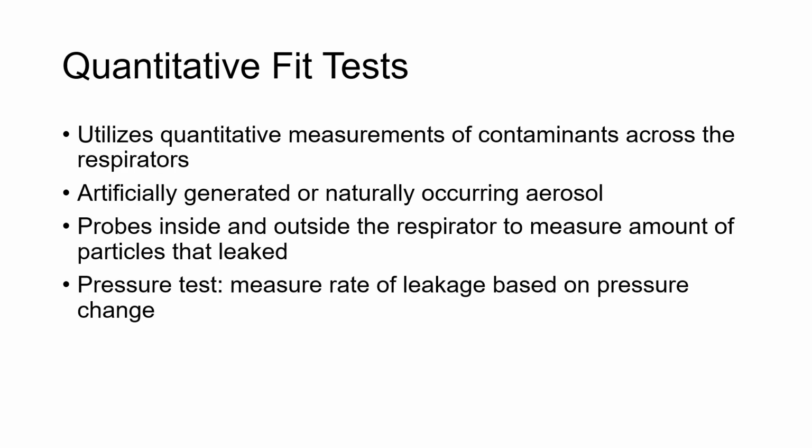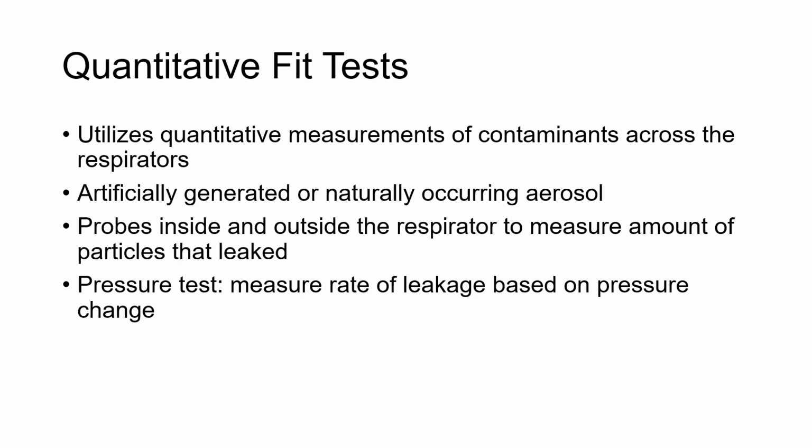Quantitative fit tests involve actual quantitative measurements of contaminants across the respirators. This requires using either an artificially generated aerosol or a naturally occurring aerosol to create fine particles in the air. Then they use probes inside and outside the respirator to measure the amount of particles.